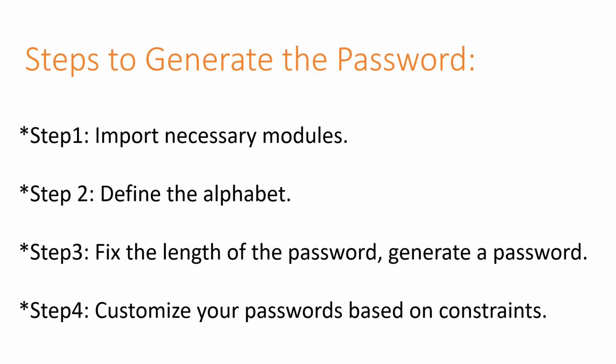Next, we will move on to the last step of generating the password, which is to customize your passwords based on constraints. You can customize the password generation by checking if it meets certain constraints. For example, let's check if the generated password string of length 12 satisfies the following constraints.